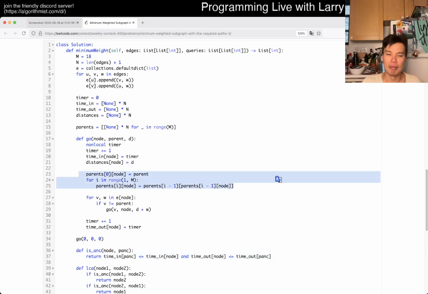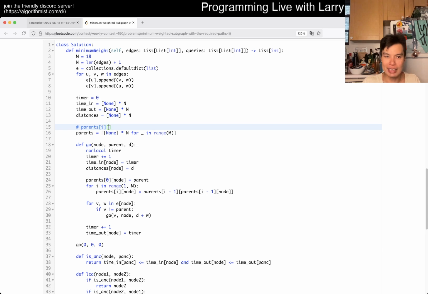You can say that parents of i of x is the node 2 to the i steps up from x. So if i is 0, that's 1 step up. i is 1, 2 steps up. i is 3, 8 steps up, or 4, whatever, maybe I skipped a number, but you get what I mean.